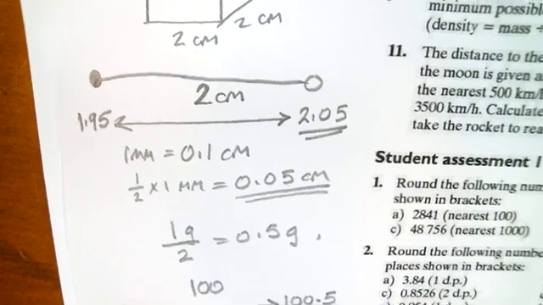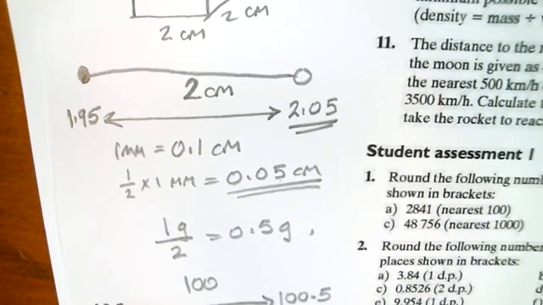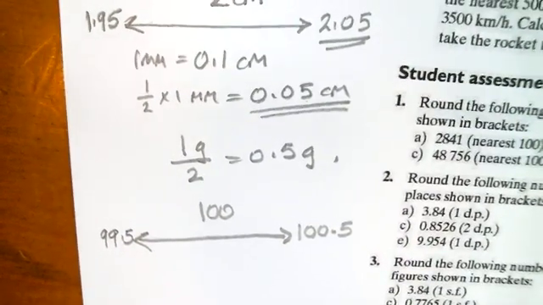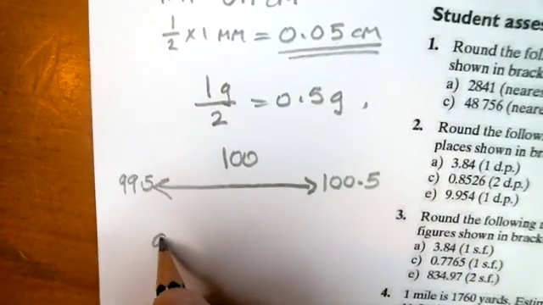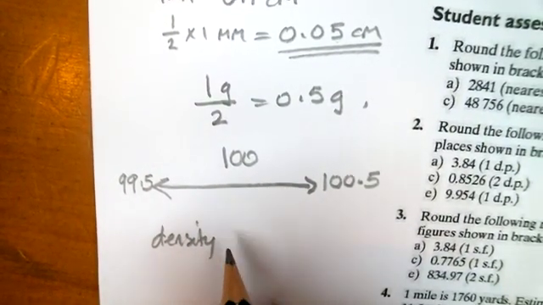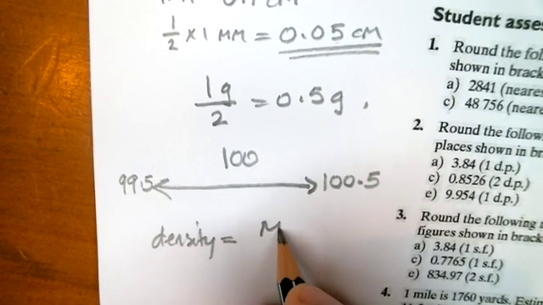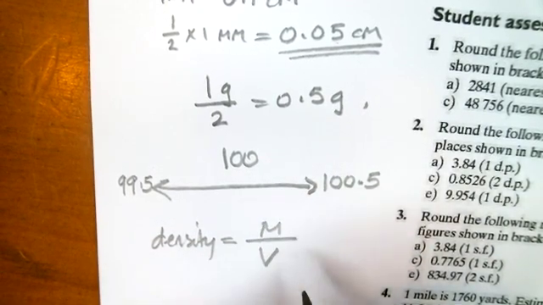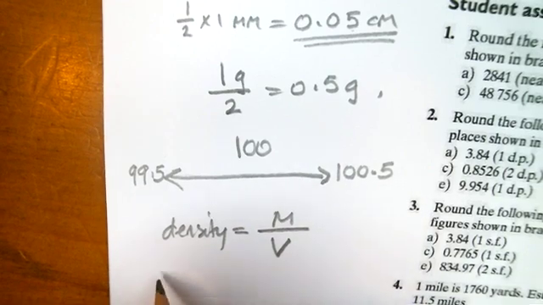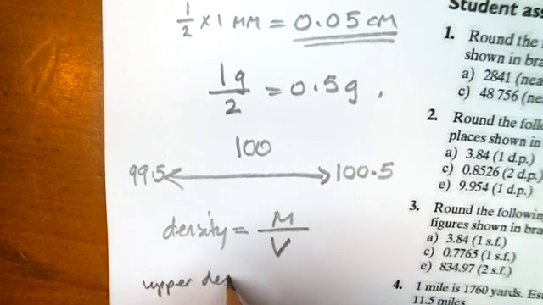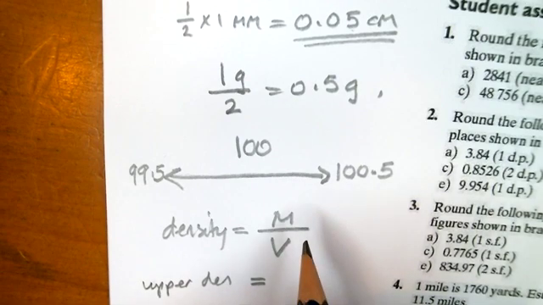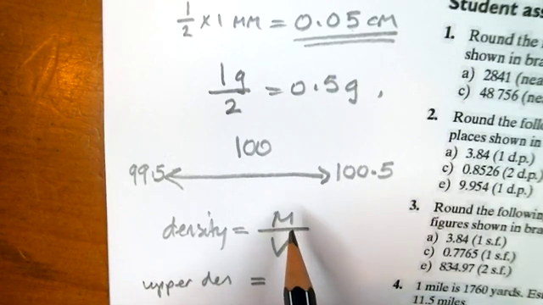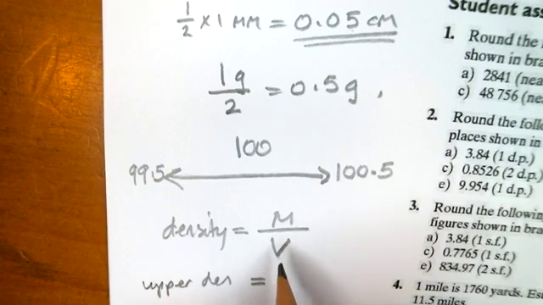Now to find the upper, and this is the important thing, whenever we're finding, because we've got mass, I'm going to write this out actually, we've got density is equal to mass over volume. Now if we want the maximum density, the maximum bound, or if you like the upper density, I'll put upper den equals, then we're going to use the maximum mass and the smallest volume.